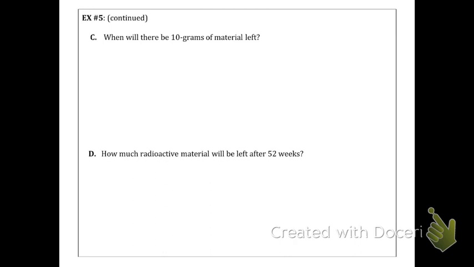Then C says, when will there be 10 grams of material left? Well, that's my ending amount. So that's my y hat, my A of t, whatever you want to call it there. So we will say 10 is equal to the rest of that equation. All right, and again, we don't know how to get x out of the exponent. So I'm going to do y1, y2 intersect.